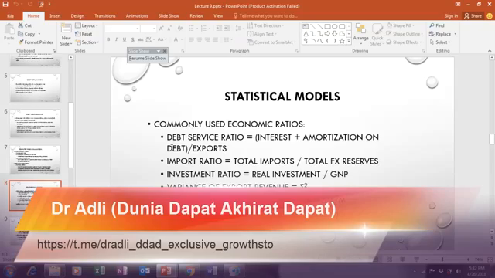China's export is so big, because they export so much, the debt service ratio is very good. Colombia, El Salvador, and Ecuador are a little bit more than 10%.